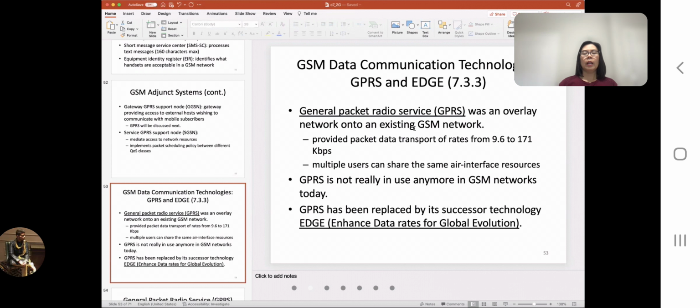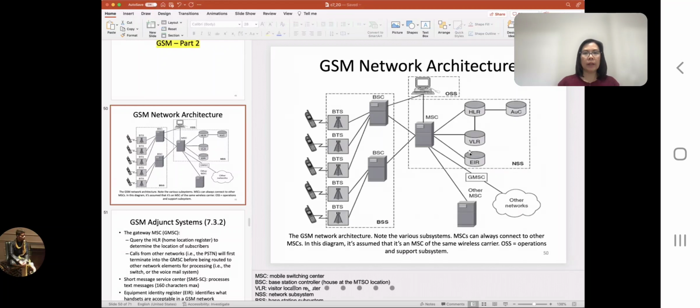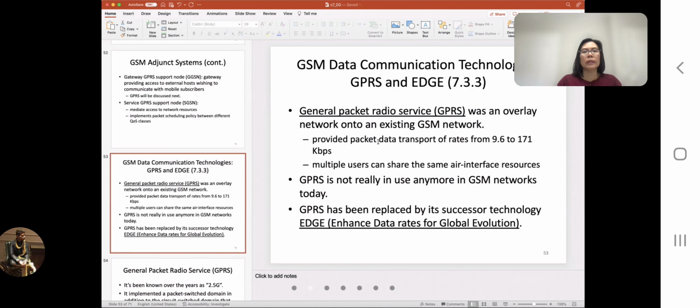All right. So now the GSM network here is only for voice, right? This is for voice only. Now, if we need to support data, when we say data, we mean text messages, browsing the internet, for example, or sending email through your phone. So that will be data services. If we want to do those things, the GSM network needs another layer.